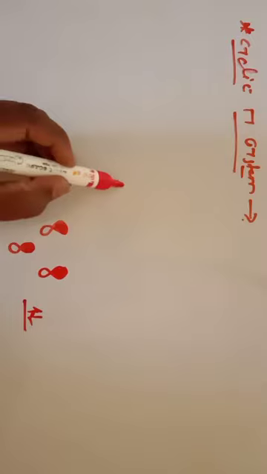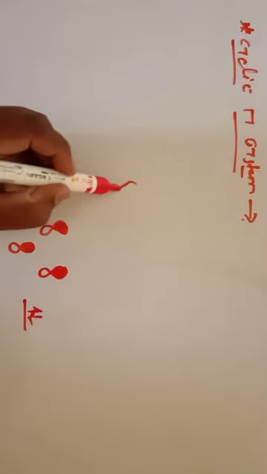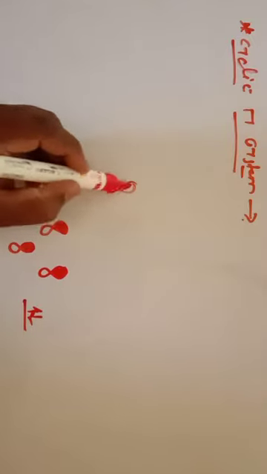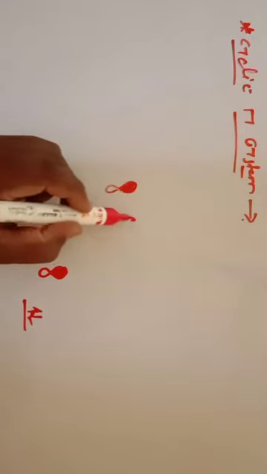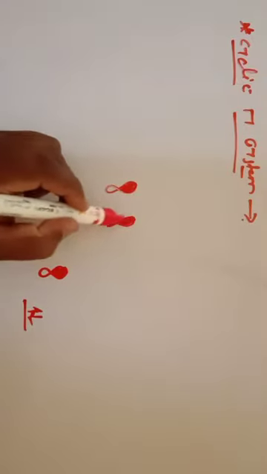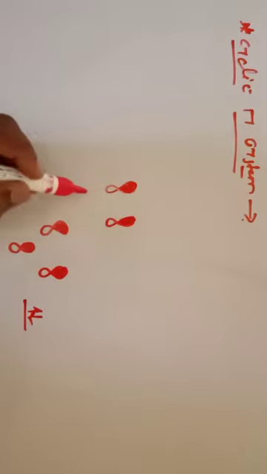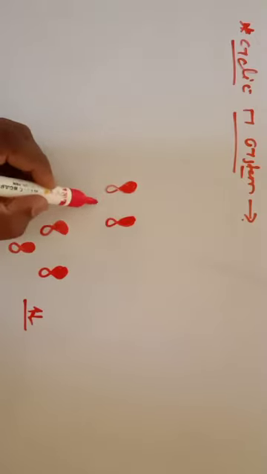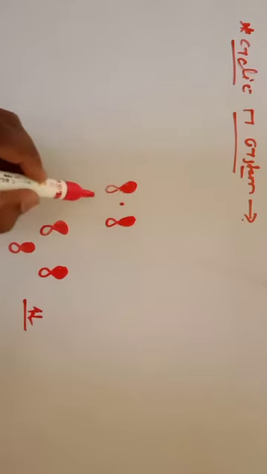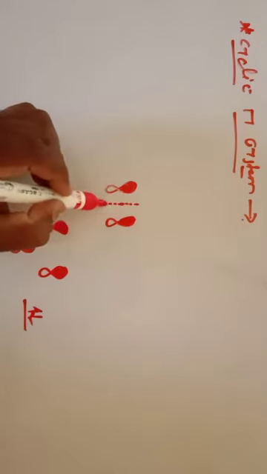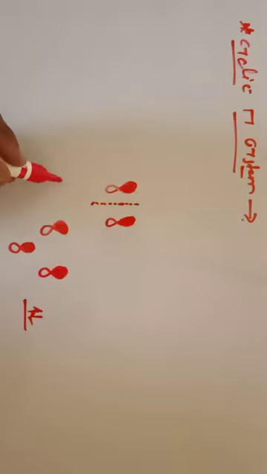If you consider psi 2, there should be one node. How is the one node possible? The third carbon is not involved in the bonding. We can consider the middle carbon, where a node is present.